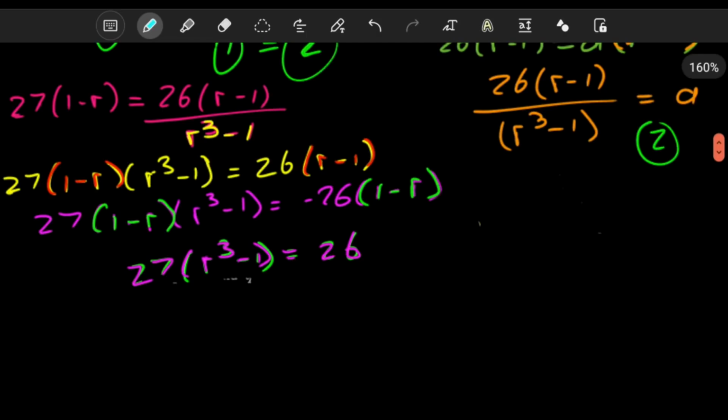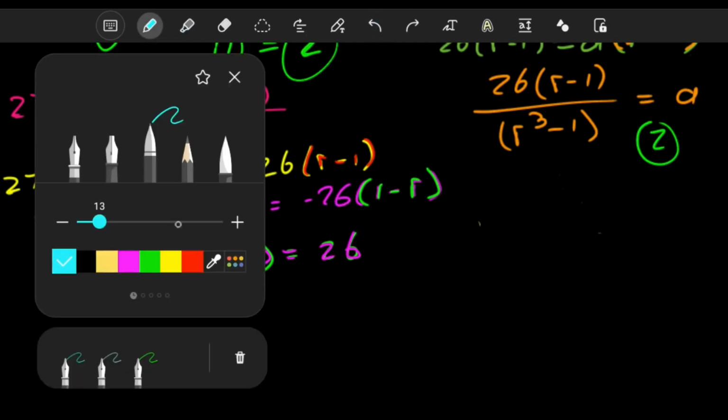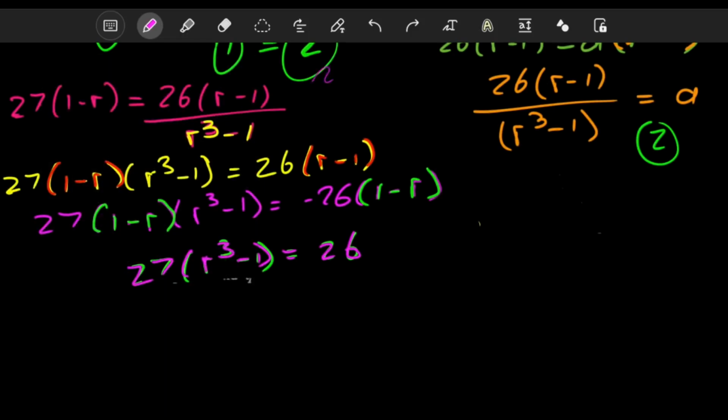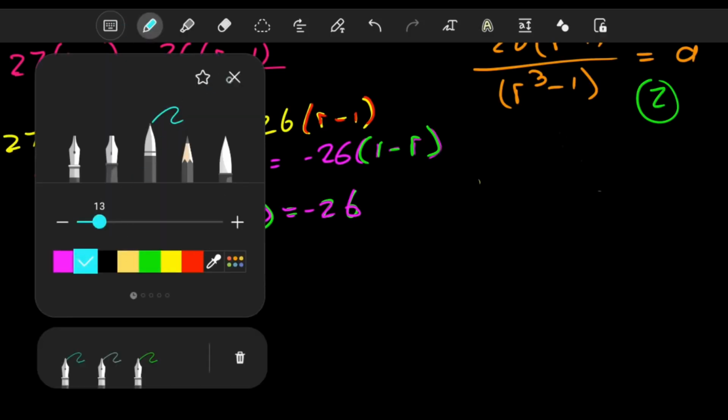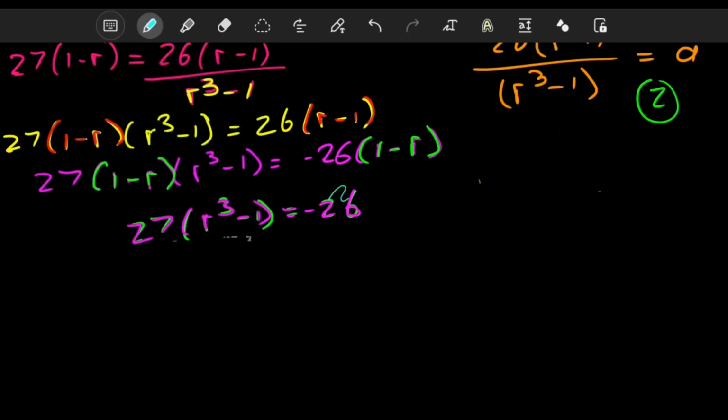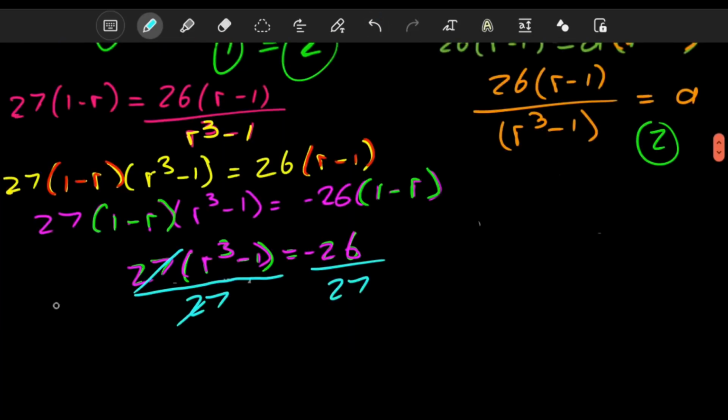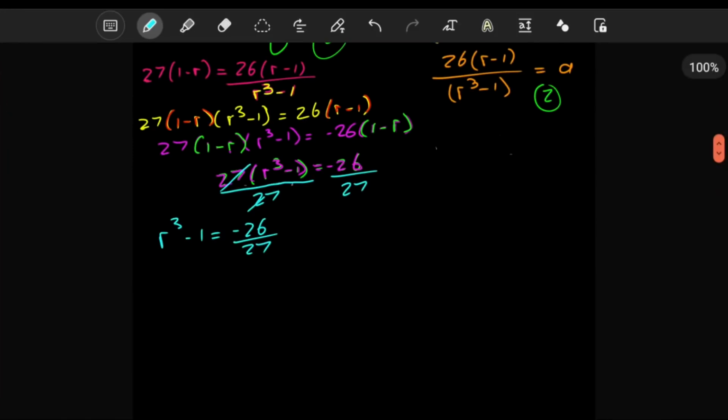So the only thing missing here is the negative, and like, yep, that is not very good because trust me, I carried on, I got an answer, it didn't work out, and then I traced it back, and then I spotted that I had missed a negative here. Anyways, here I'm just going to divide by 27 on both sides, and then you're going to end up with that.